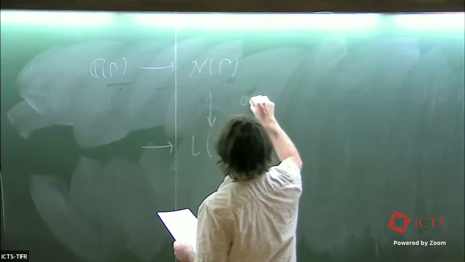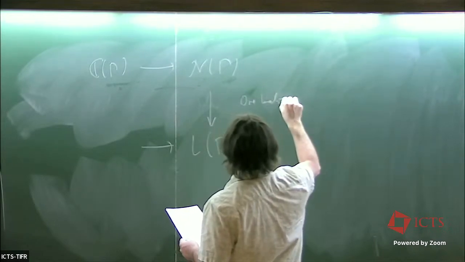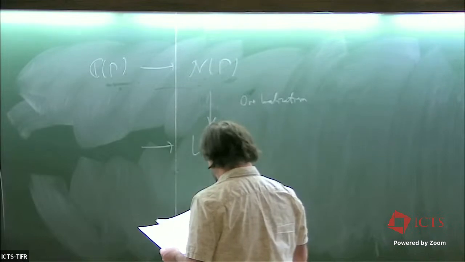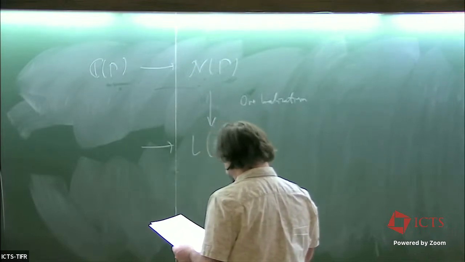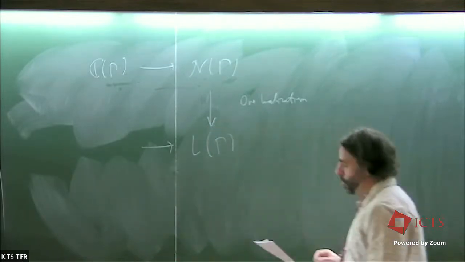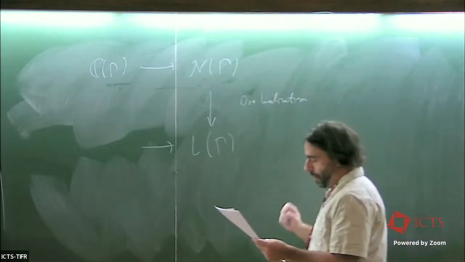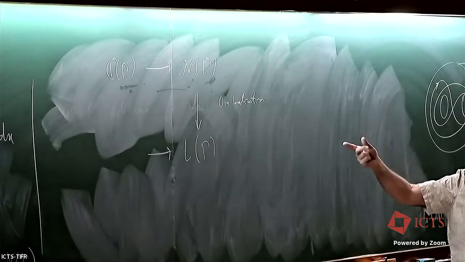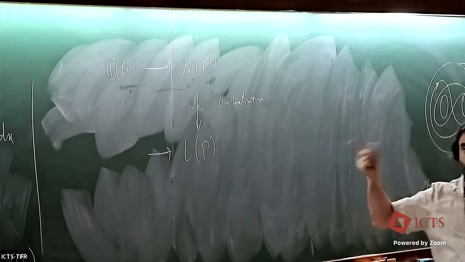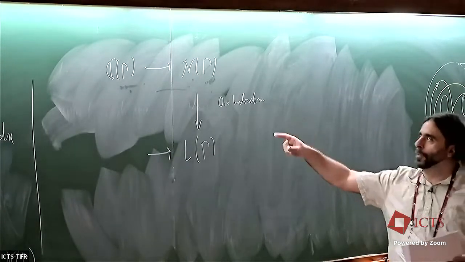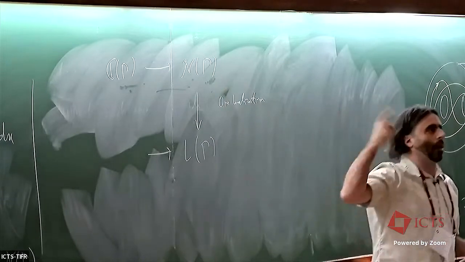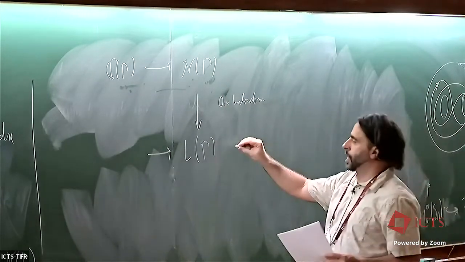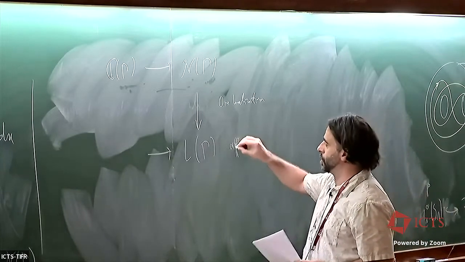This is the Ore localization, which means you localize with respect to the multiplicative set of non-zero divisors. Everything that cannot be divided in this ring, you add an inverse. This is sometimes called the algebra of affine operators.